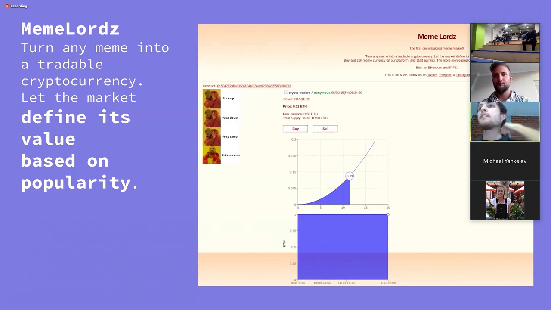We've played around with it at work a lot as an introduction to bonding curves and curation markets. If you bought into a meme early on and it became popular, you would get a whole bunch of testnet Rinkeby ETH. So it's a basic example of bonding curves. And you could then sell out and receive back the increased value.